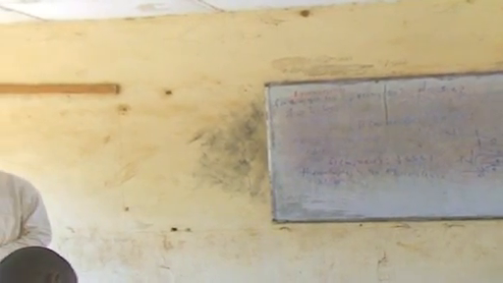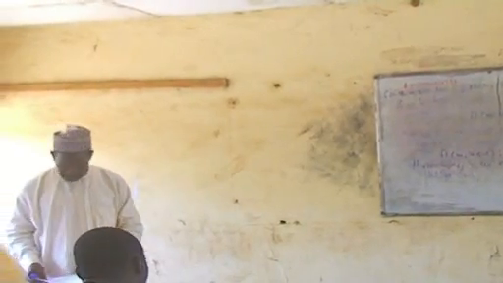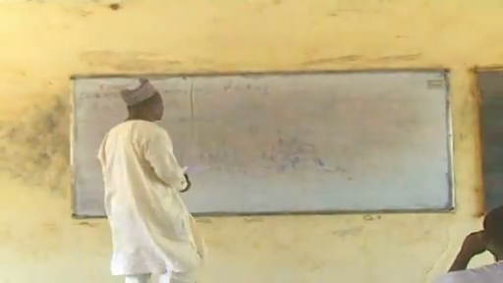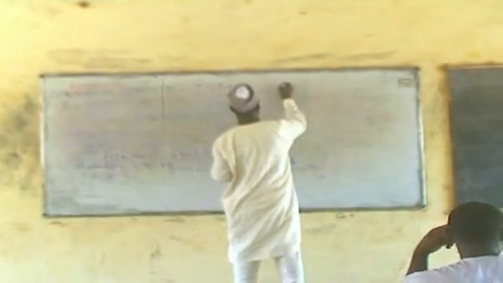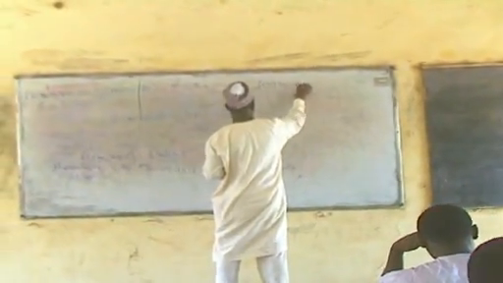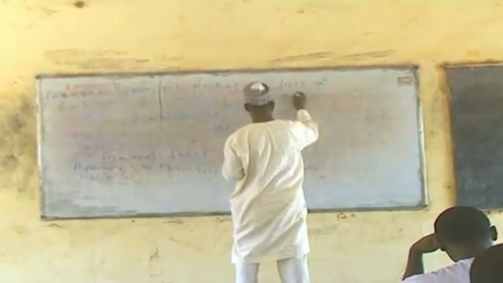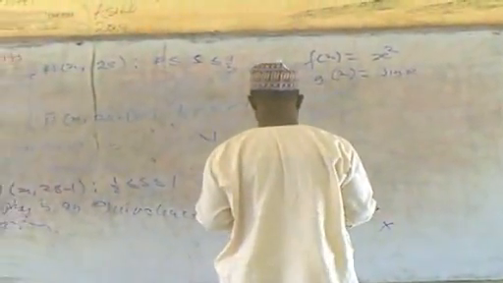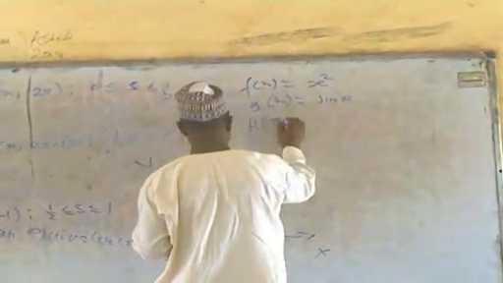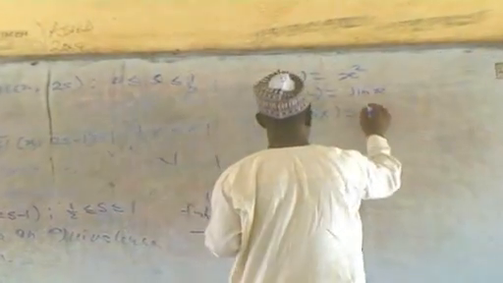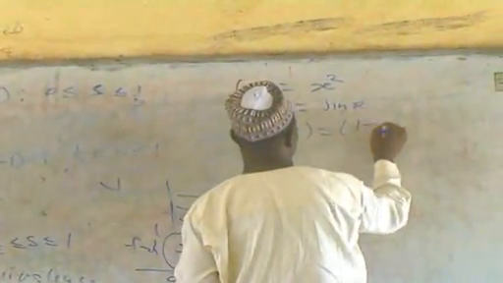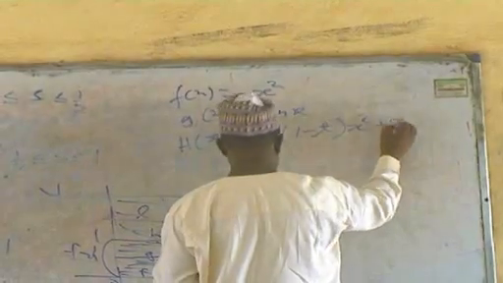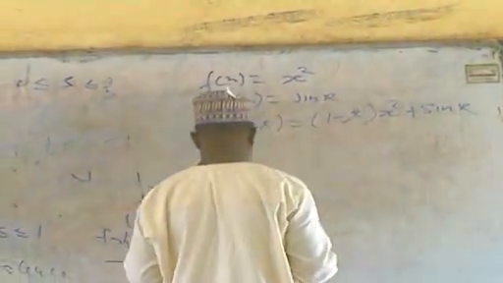Then h of x, t is defined by (1 minus t) times x squared plus t sin x.